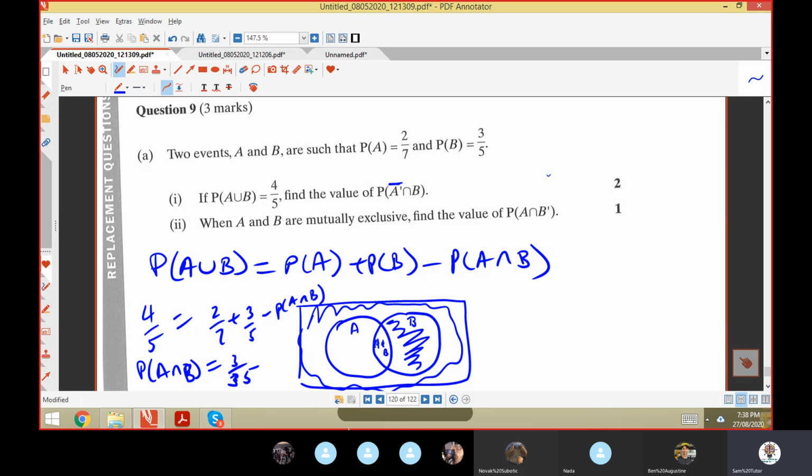Now the answer I should be looking for, the probability of not A and B, should be 1 minus the probability of A, which is 2 out of 7, minus 3 out of 35. That's going to be my answer.